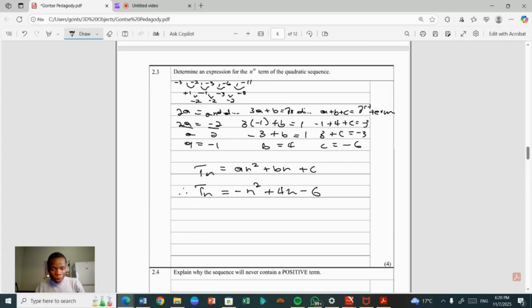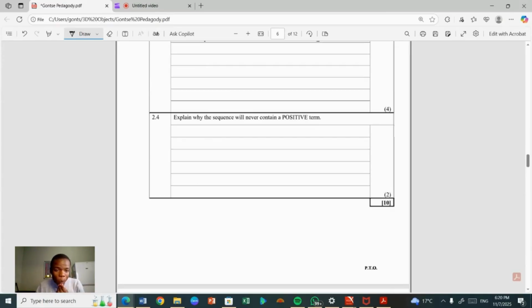Then 2.4, explain why the sequence will never contain a positive term, right? So here you're just going to say the turning point of a maximum quadratic function. Let's calculate it. We have Tn is equal to negative n squared, then you say plus 4n minus 6, right?